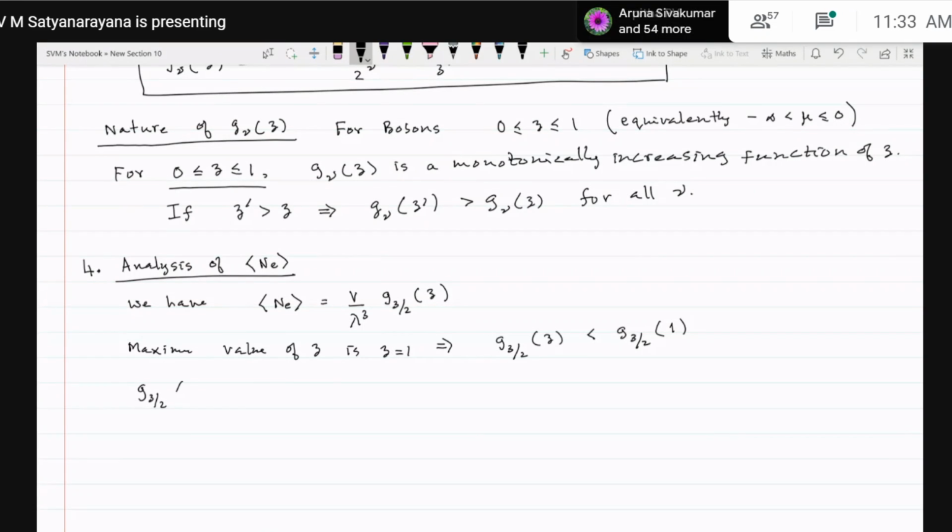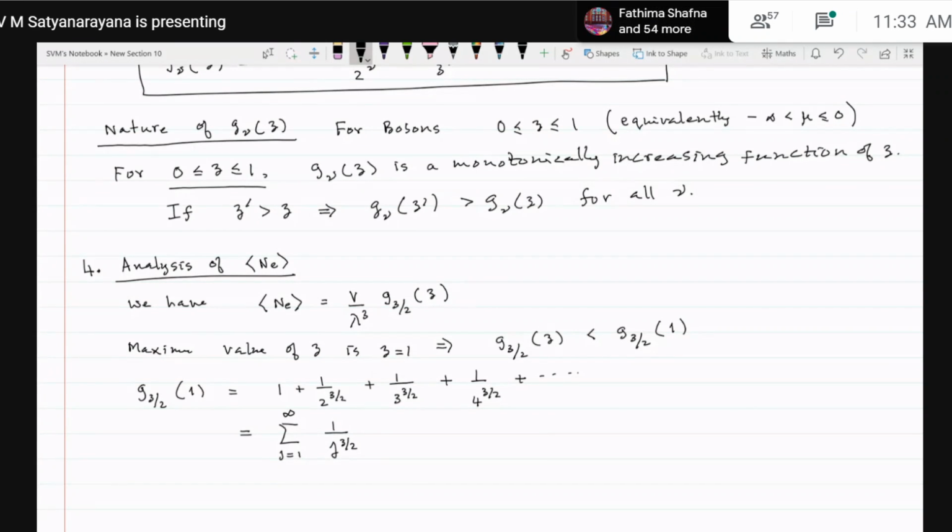G 3 by 2 of 1 we have already evaluated. That is equal to 1 plus 1 by 2 to the power 3 by 2 plus 1 by 3 to the power 3 by 2 plus 1 by 4 to the power 3 by 2 and so on. This is the sum over j equal to 1 to infinity of 1 by j to the power 3 by 2.